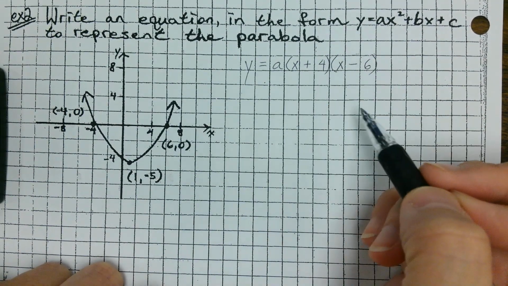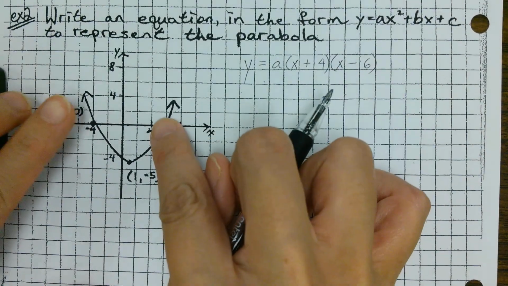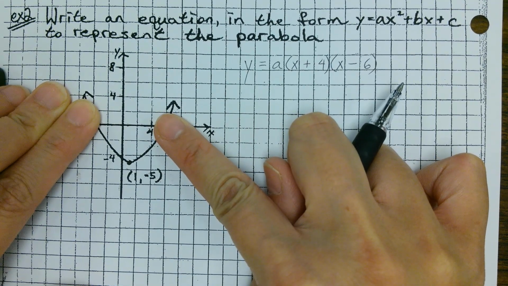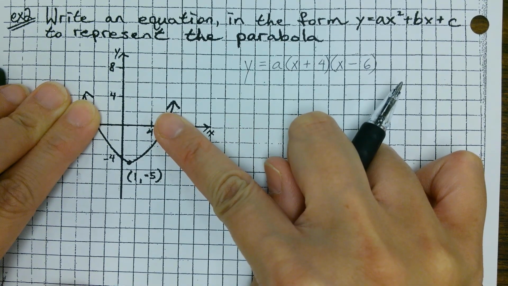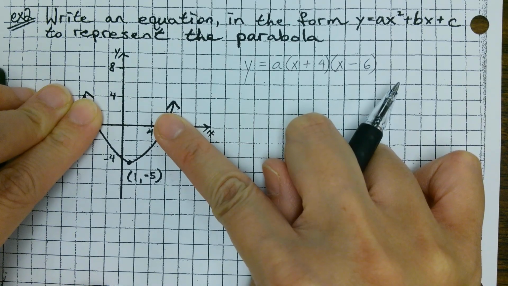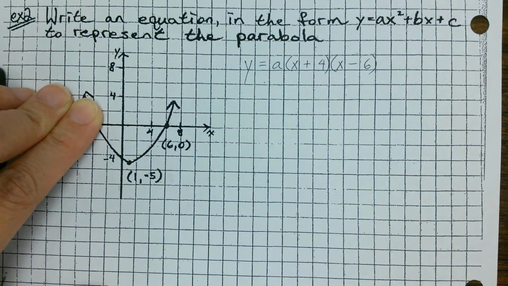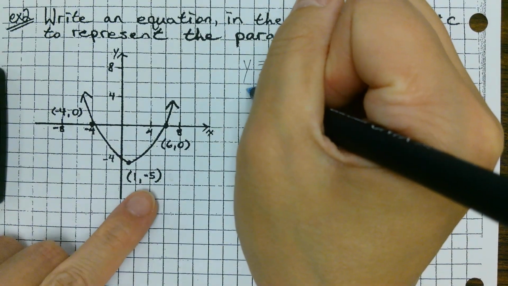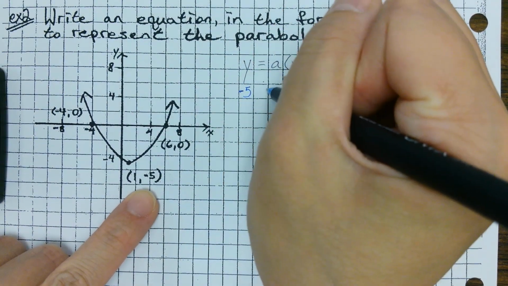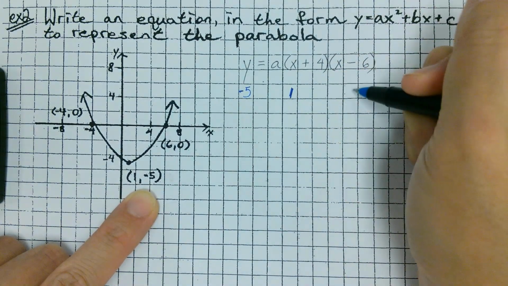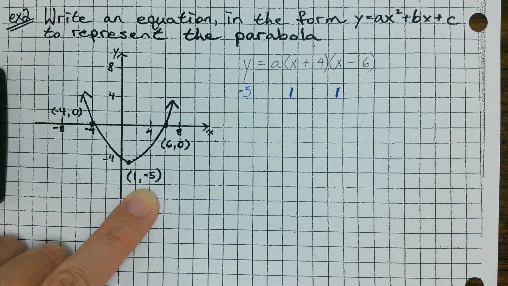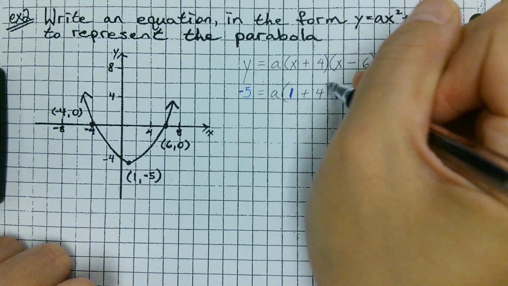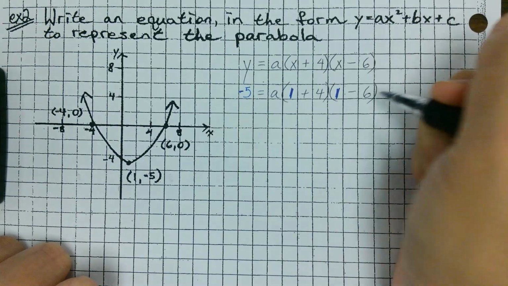Okay, so we have this equation, we set it up. Since we used the 2 x-intercepts already, I can't use them again. So what other point should I use? My vertex then, 1, negative 5. So sub in negative 5 for y, and sub in the 1 for x. So a bracket 1 plus 4, 1 minus 6.